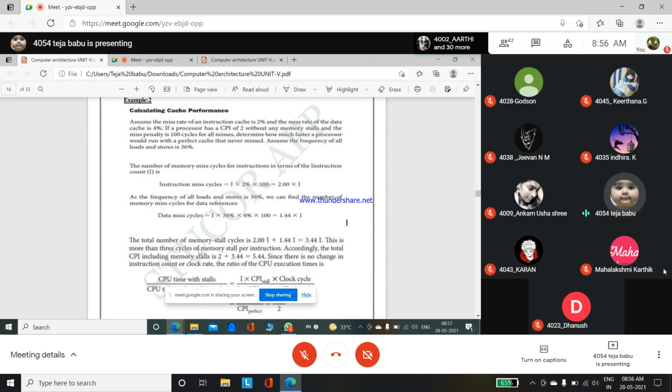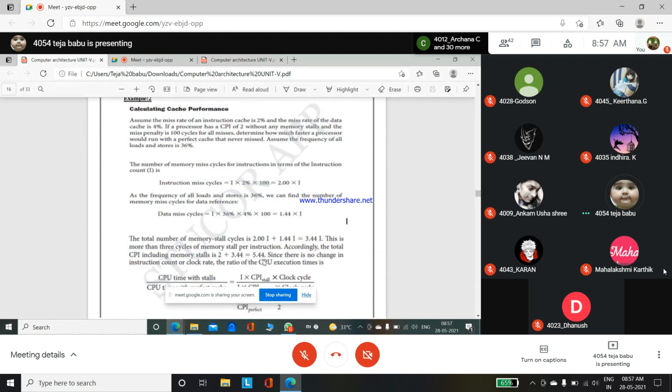So we have to include the memory stalls in the total clock cycles per instruction. 3.44 is what we get, and this 2 should be added, because we want the total CPI. So 3.44 plus 2 equals 5.44.